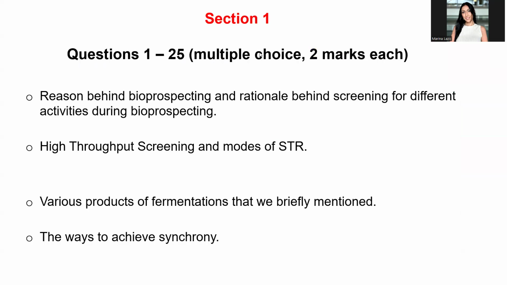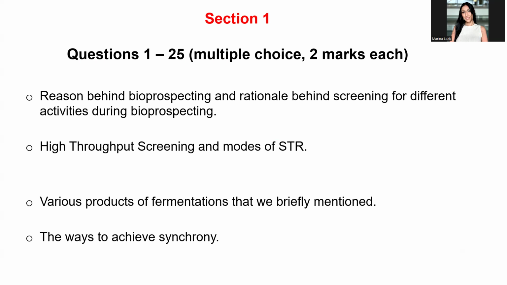So for section 1, here are some hints for you. It's very easy, so I expect you all to know how to answer these. Know very well the reasons behind bioprospecting and the rationale behind screening for different activities during bioprospecting. Then we talked about high throughput screening during bioprocessing, so know those examples, and know very well the modes of stirred tank reactor.